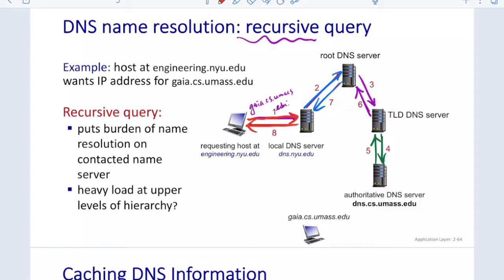And of course, every time you do a recursive query, the root DNS server will suffer from a very heavy query process, because all the processing will go through the root DNS server, the TLD DNS server, and the authoritative DNS server. You can see that the TLD, top level domain server, has to maintain several different connections with several different people.